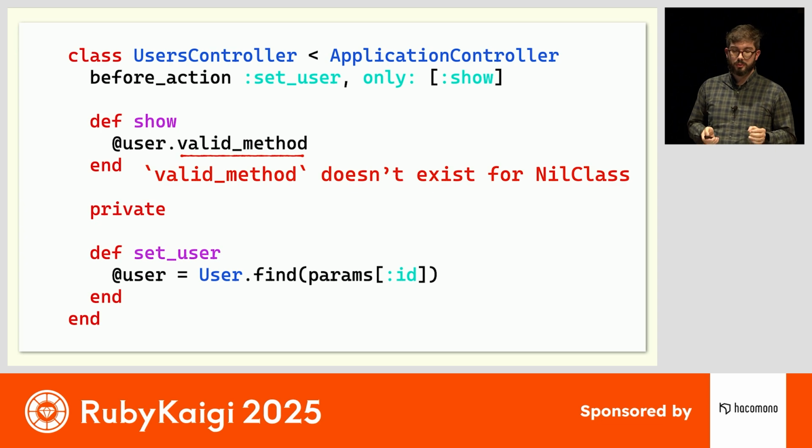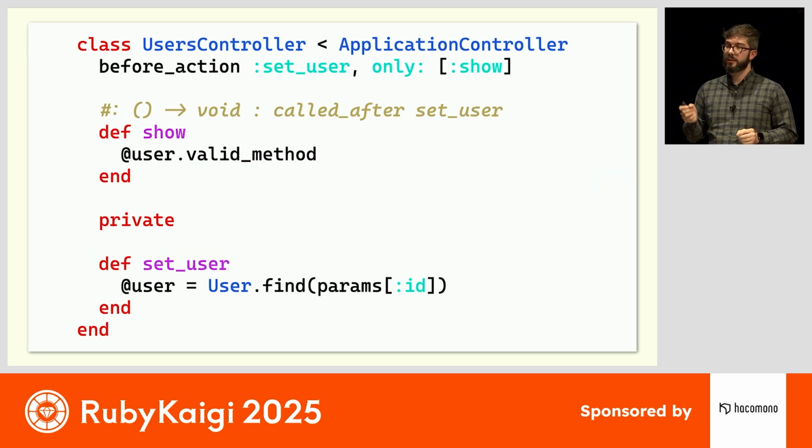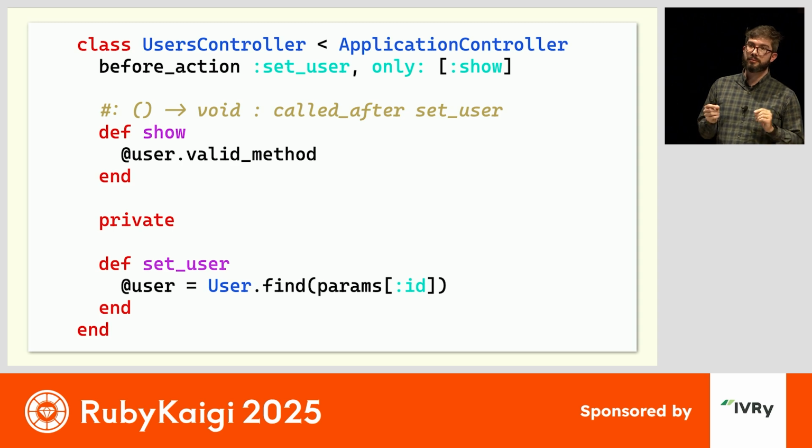But could we try to inform the type checker that in this particular context, show can only be invoked after set_user has been invoked, so that the type checker can essentially take the two bodies of the methods and glue them together so that the analysis matches what happens when we execute the code a little bit better.